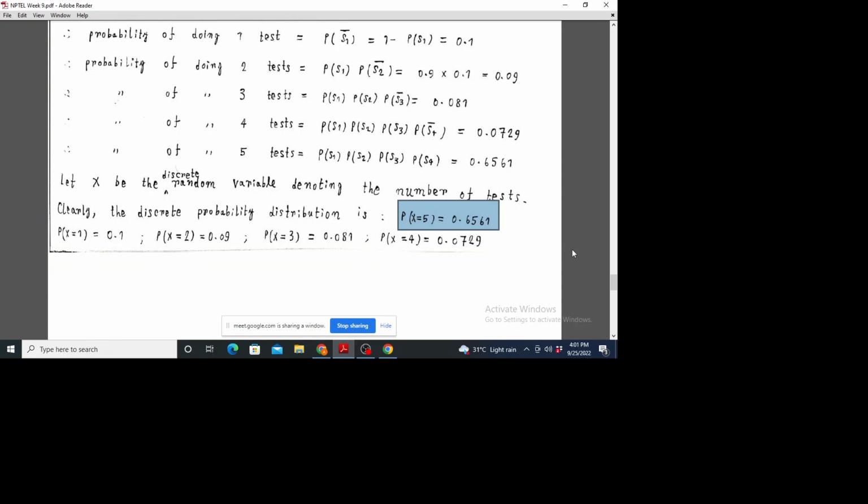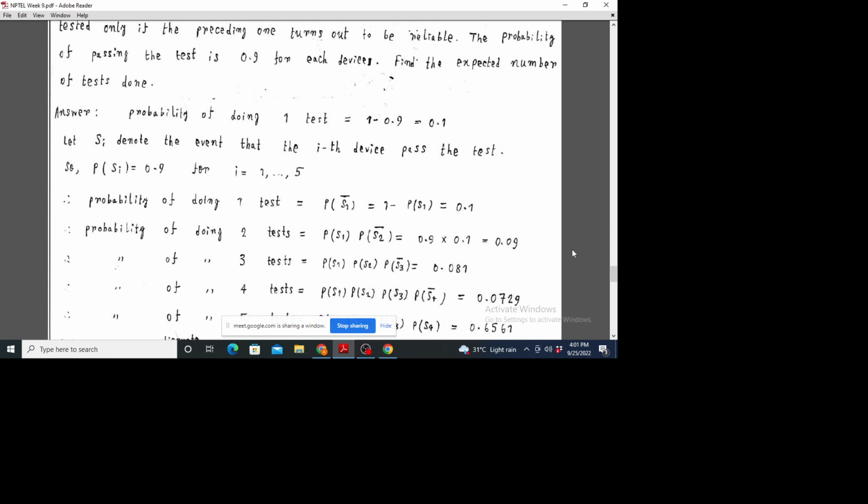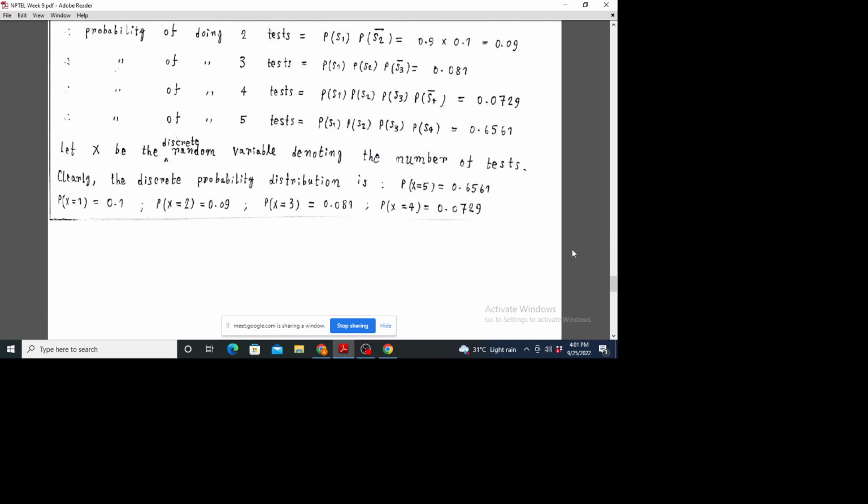And now we have to find the expected number of tests done. X is our discrete random variable that can take values from 1 to 5 with these associated probabilities, and given these, we have to find the expectation value of the random variable.